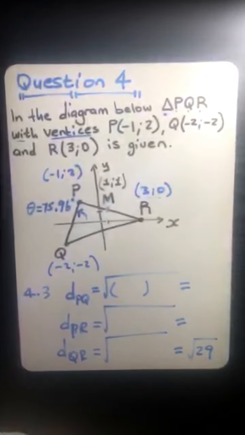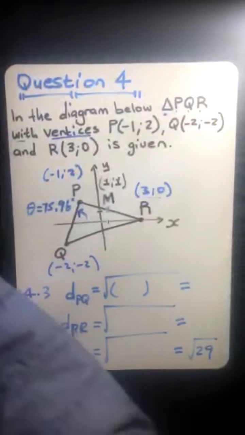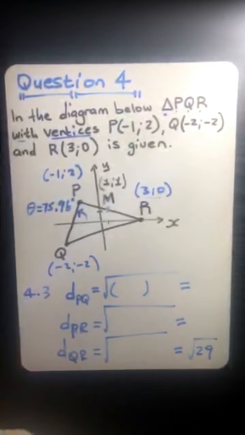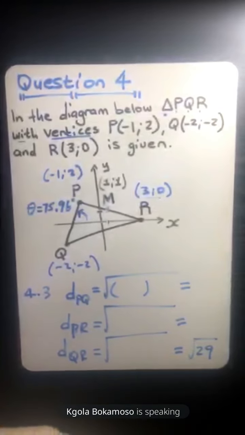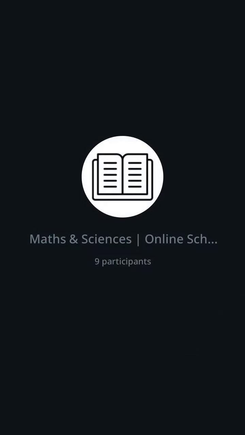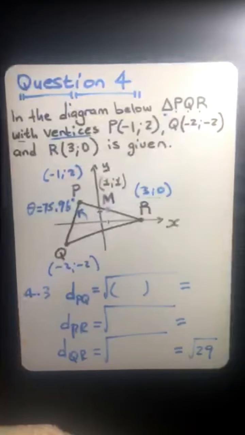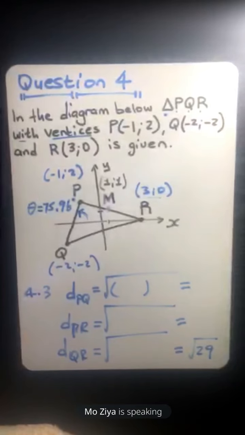Which one are you using there? I'm disappointed. Mr. Mosier, are you still there? I'm still here, sir. I'm still calculating. Oh, yes. Okay, just a few seconds.